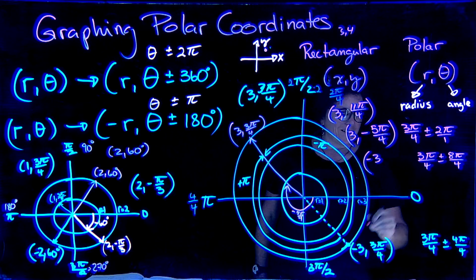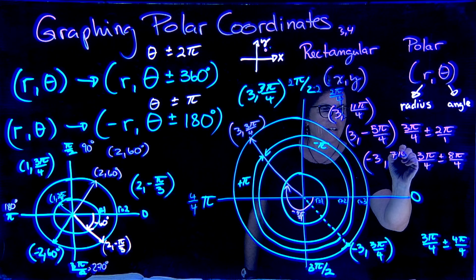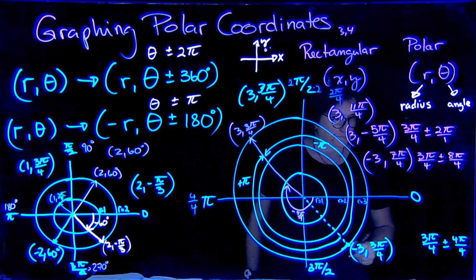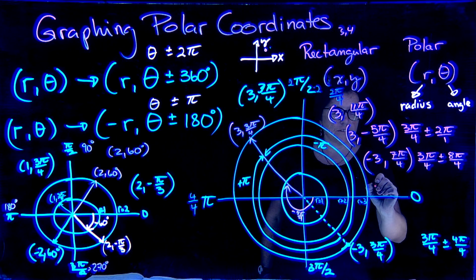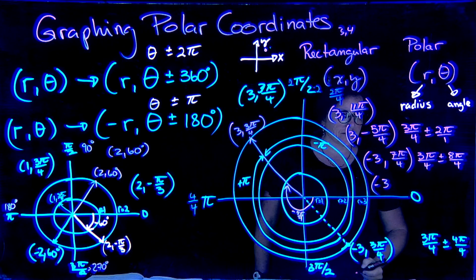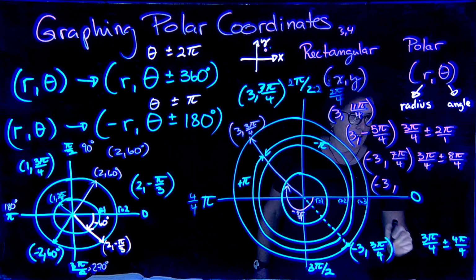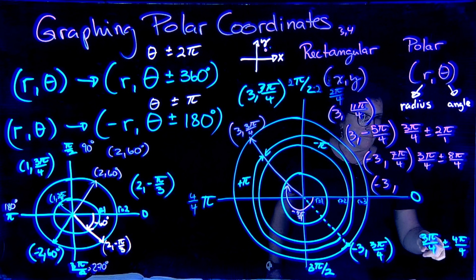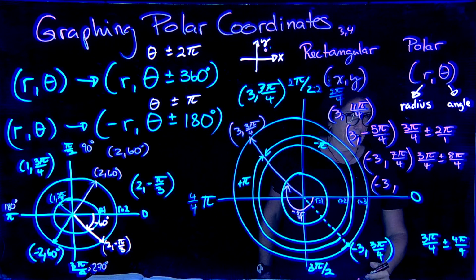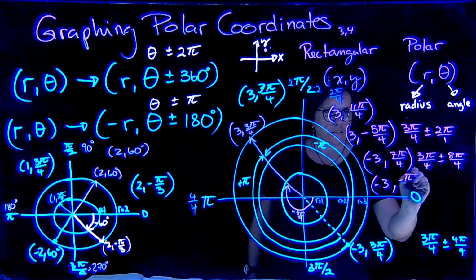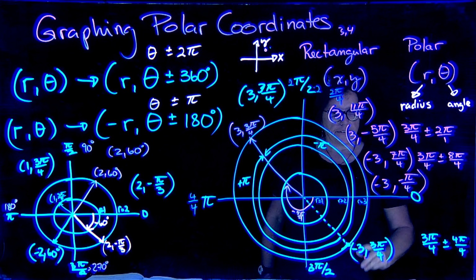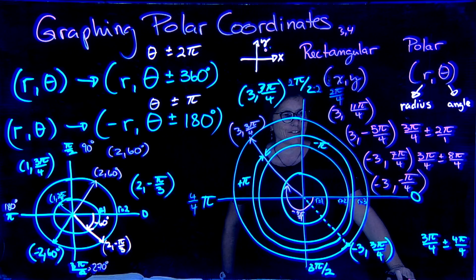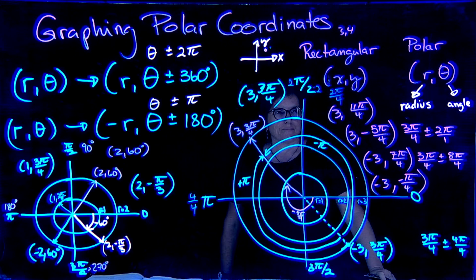That's one of them, and the other one is negative 3, 3 pi over 4 minus 4 pi over 4, which is negative pi over 4. Here you go. That's how you find the other equivalent polar coordinates. That's it.